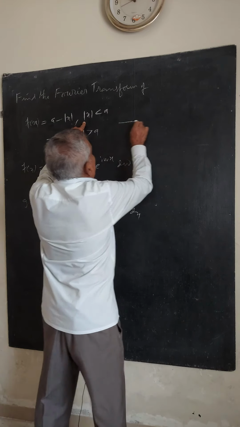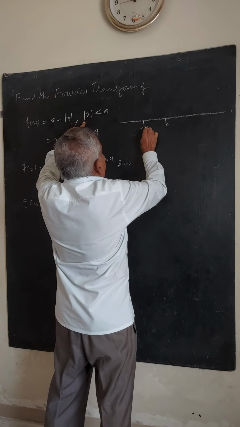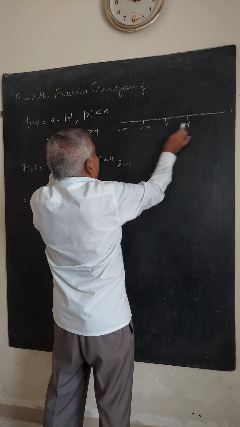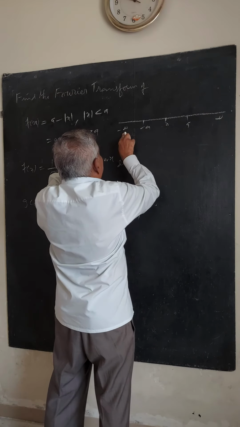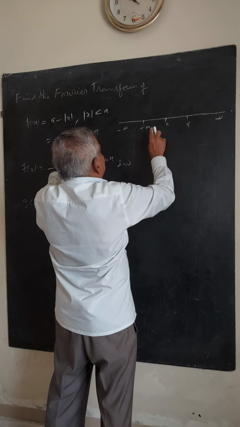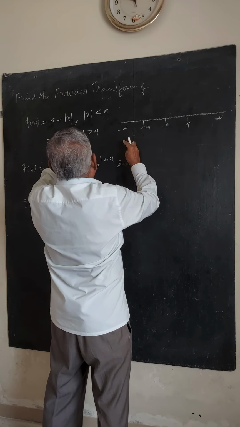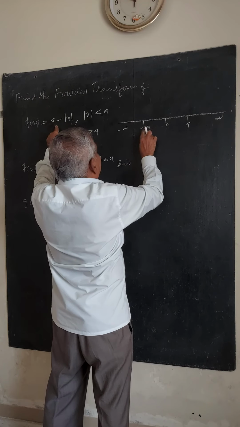This denotes 0 outside, and the remaining area, from −∞ to −a and a to ∞, denotes |x| greater than a. This denotes −a to a.